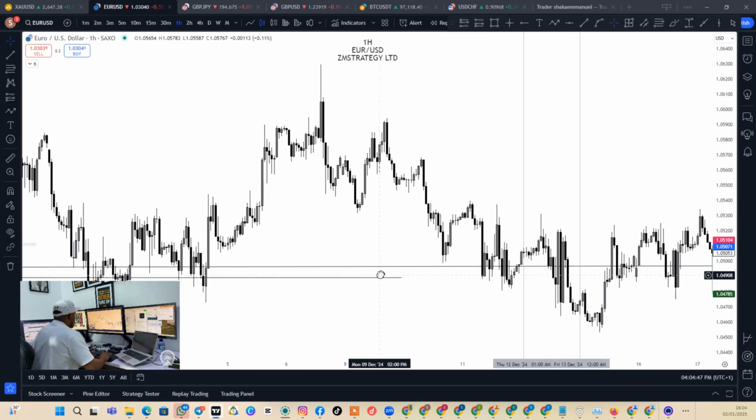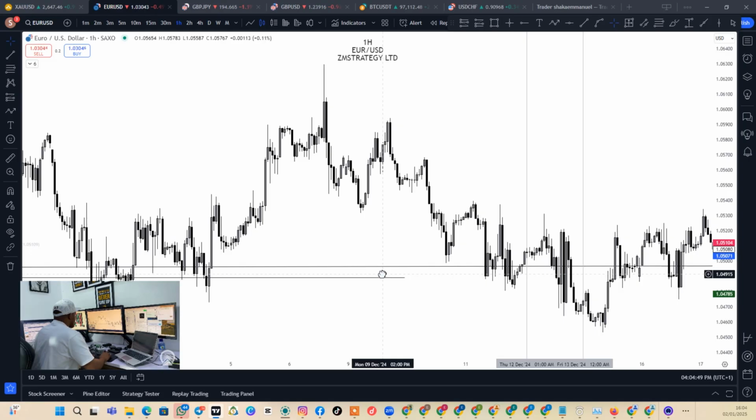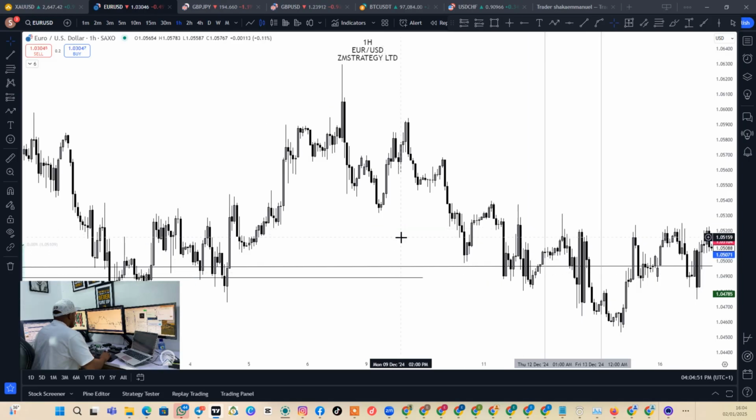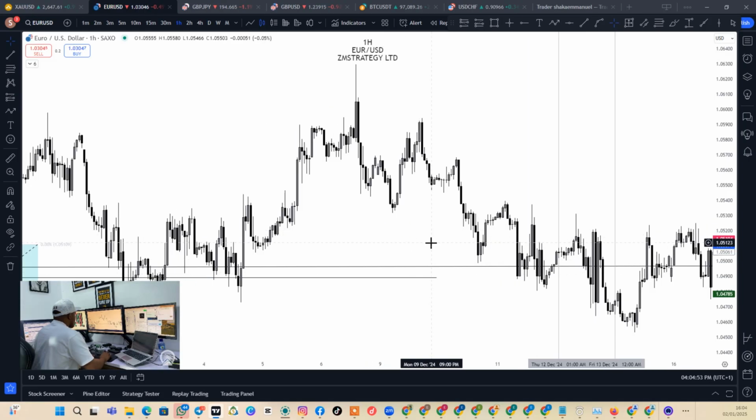So let me look if I can see an inducement liquidity. Now this is an example of an inducement liquidity. You can see that when the market gives us this, and this, and we have this break. When the market gave a break, there was no structural liquidity.